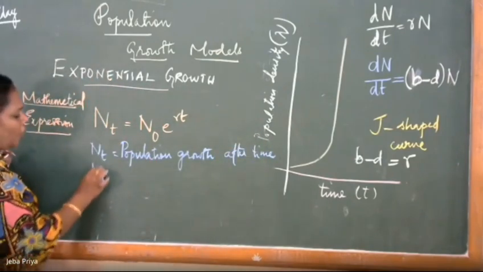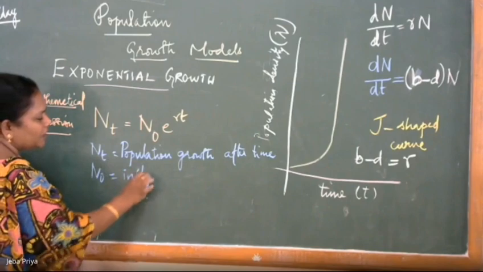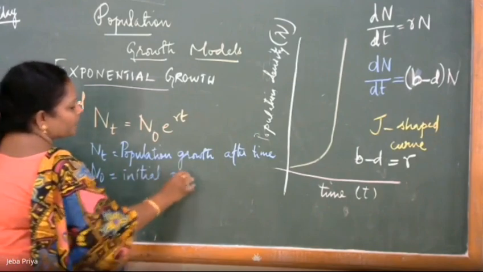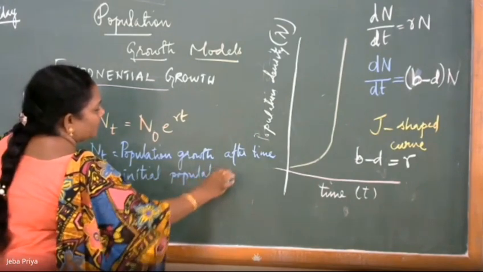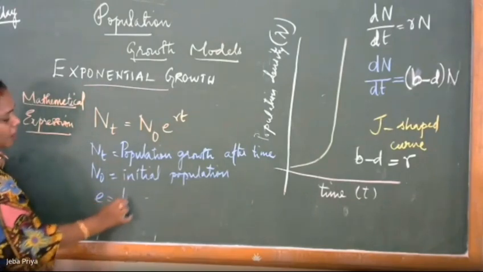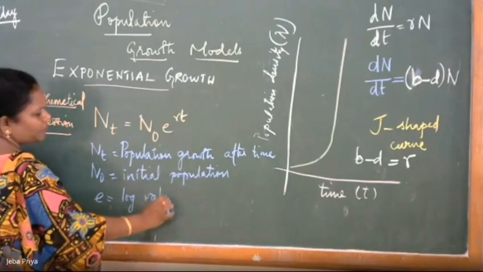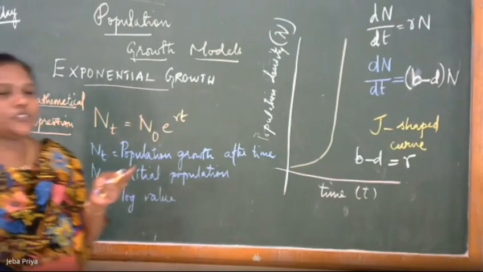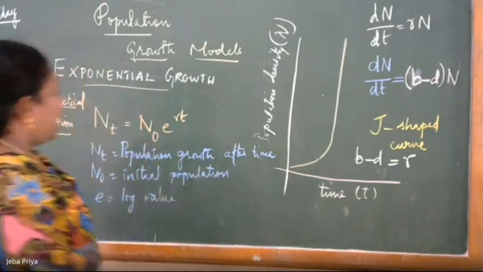Now, N0 gives you the initial population. e gives you the log value, the base of the natural logarithm, which you would have studied in logarithms. And what is r?